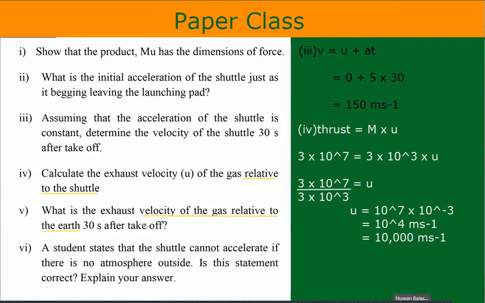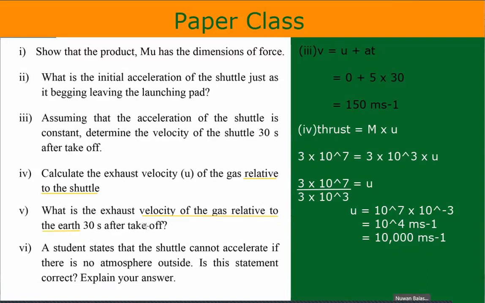Roman number 4, what is the velocity of the exhaust gas? Actually, the smoke coming out from the rocket. Velocity of the exhaust gas relative to the shuttle, that's what we have found as 10,000. The next thing that they have asked is the velocity of the gas relative to the earth. So what's the equation that we use to find the relative velocity here?